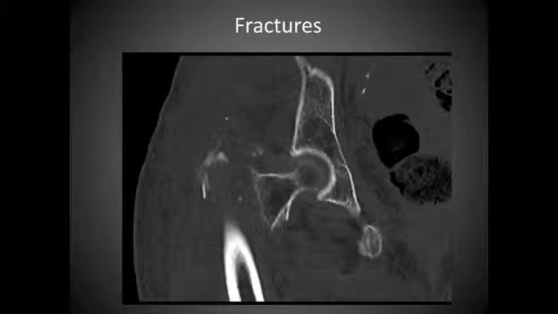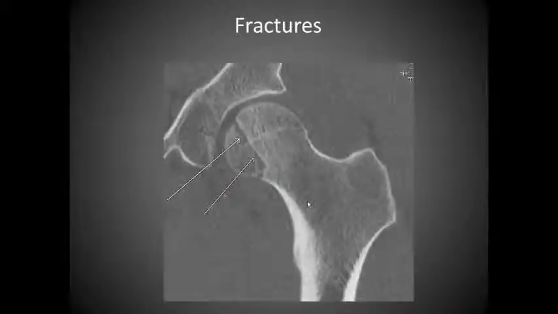Here is an intertrochanteric fracture. Notice that we have femoral head and neck. All of that is intact. However, we do see that we have femur here and nothing here. So this is probably an intertrochanteric fracture.